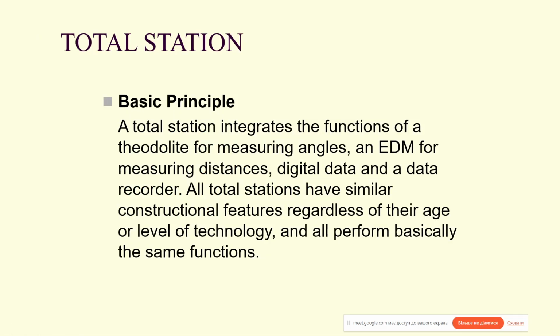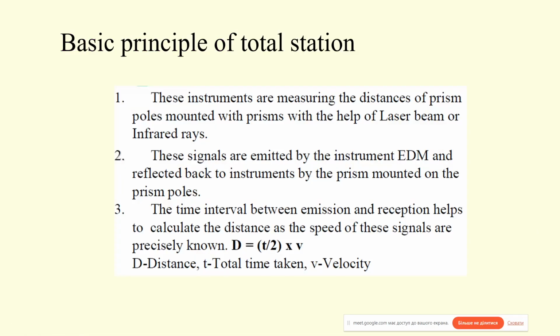The basic principle of a total station: it integrates the functions of a theodolite for measuring angles and electronic distance meter for measuring distances, digital data and data recorder. All total stations have similar constructional features regardless of their age or level of technology, and all perform basically the same functions.